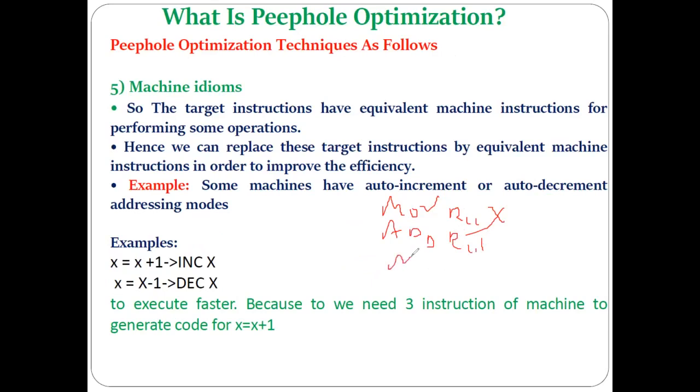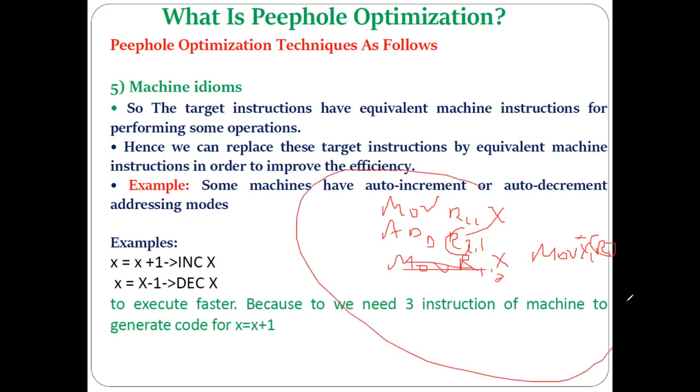Okay, and then lastly move X comma R1, moving the content of R1 into X. So instead of writing these three instructions, only one instruction is doing our work, that is INC X.